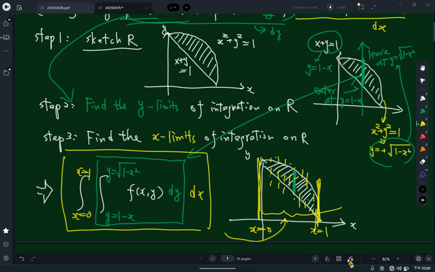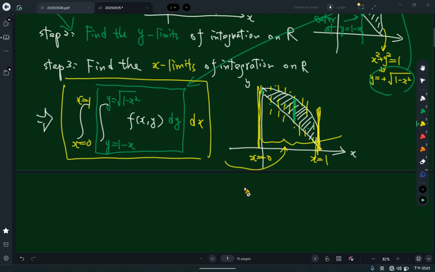Then after you know how to get the slice following the horizontal direction, you gradually collect all the horizontal slices, making the integration complete. If you can understand the idea, then you almost understand the most important part of this chapter. Okay?